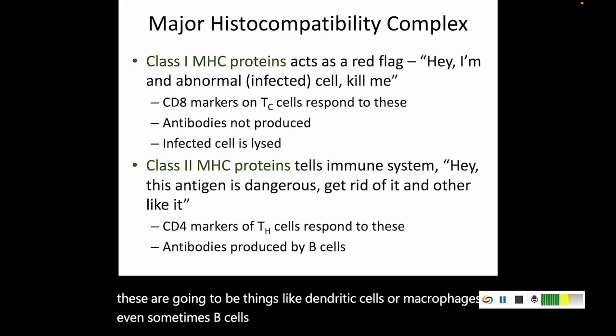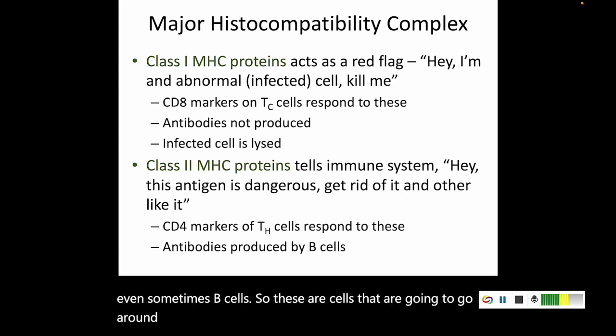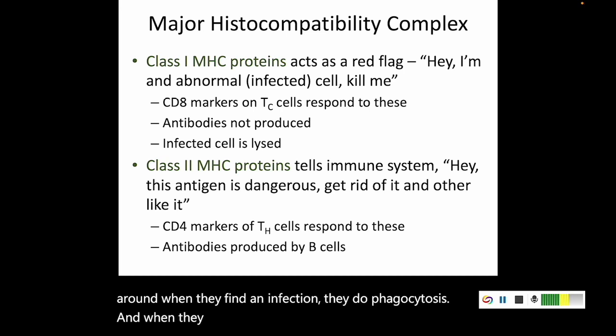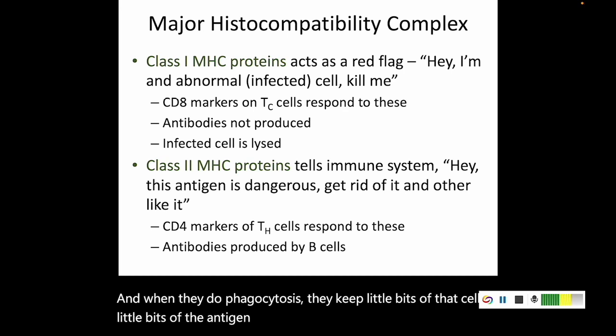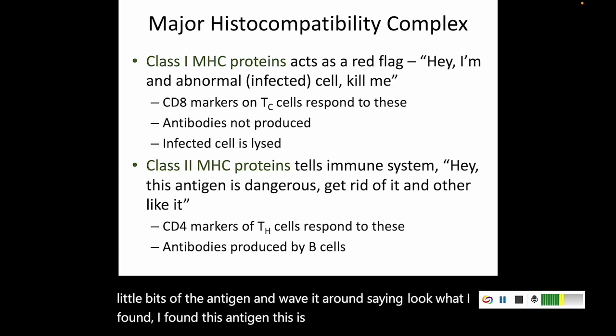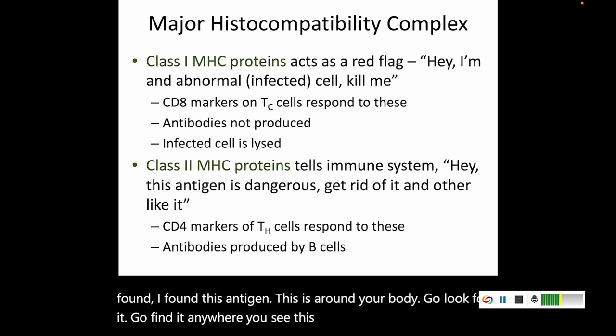When they do phagocytosis, they keep little bits of that cell, little bits of the antigen, and wave it around saying, look what I found. I found this antigen. This is around your body. Go look for it. Go find it. Anywhere you see this, go kill it.